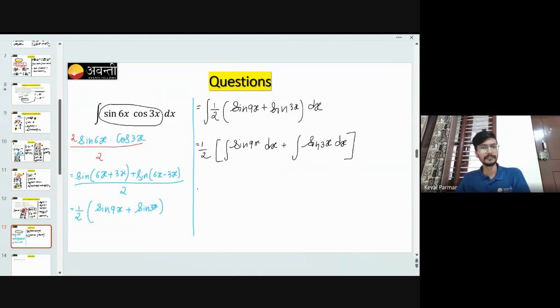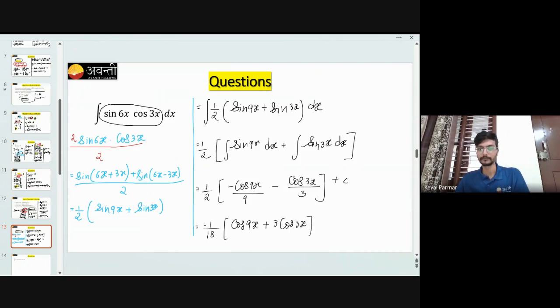And it is very simple. 1 by 2, integration of sine is minus cos. Now don't forget, here we have a linear term, which means we have to divide by 9: minus cos 9x upon 9, minus cos 3x upon 3, plus c. If I take LCM and minus common, I will get minus 1 by 18 (cos 9x plus 3 cos 3x) plus c. Got it? This is my answer.